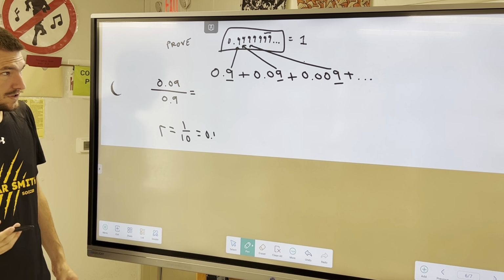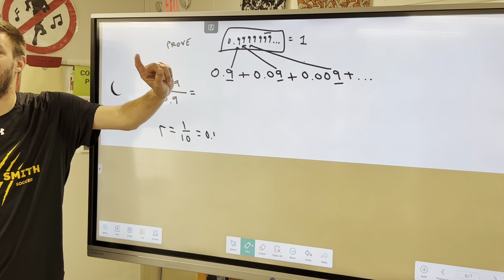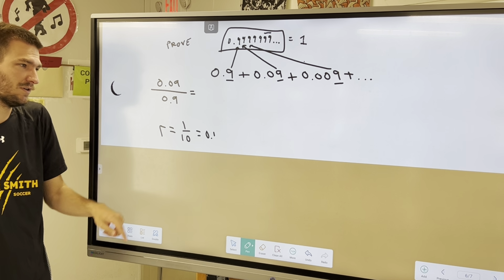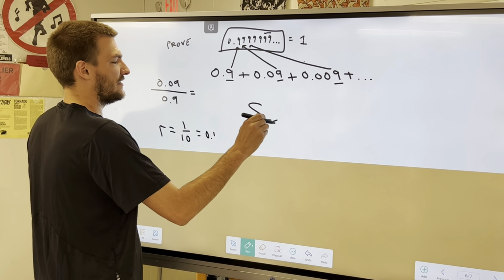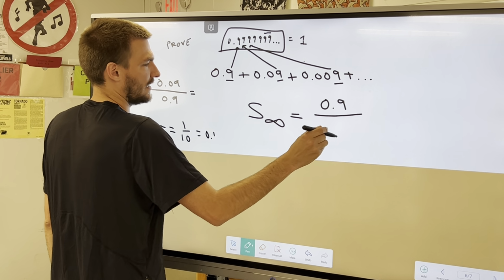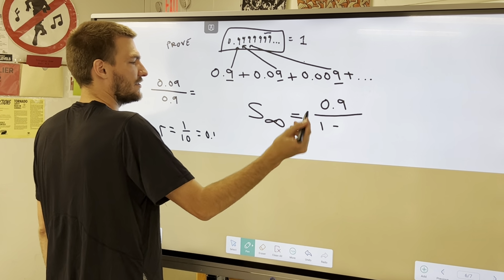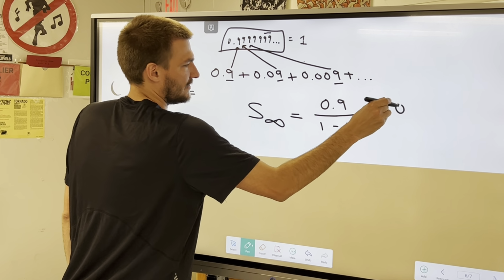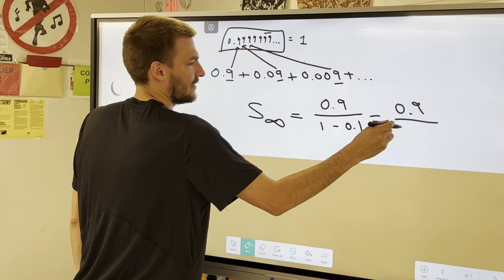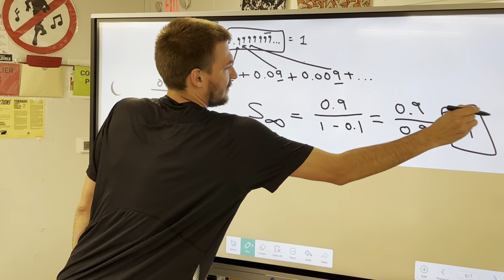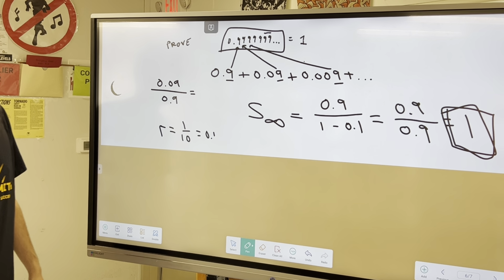And so we should be able to sum this infinite series with this ratio. The sum of the infinite series is the first term, 0.9, over 1 minus r. That gives us 0.9 divided by 0.9, and that gives us 1.